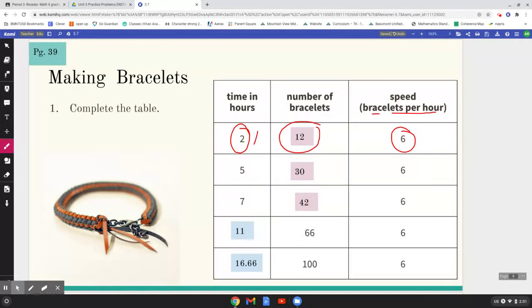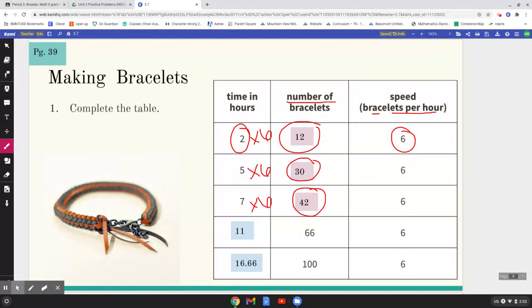So on this one, we're doing times 6. Same thing, we're looking for the number of bracelets they can make. In 5 hours, 5 times 6, they can make 30. And then 7 times 6 is 42, so they can make 42 bracelets in 7 hours.